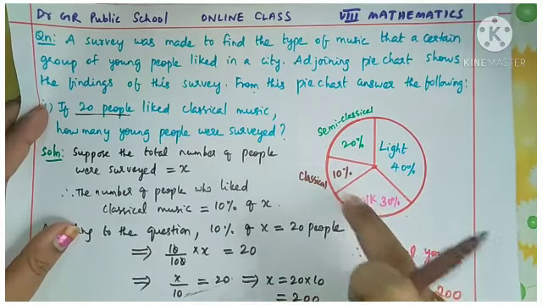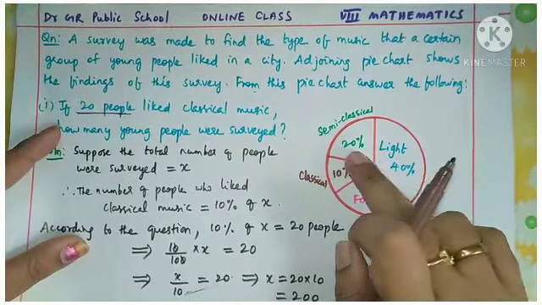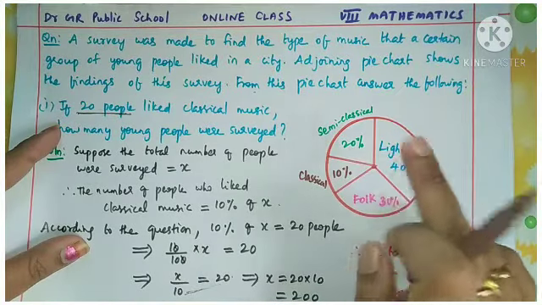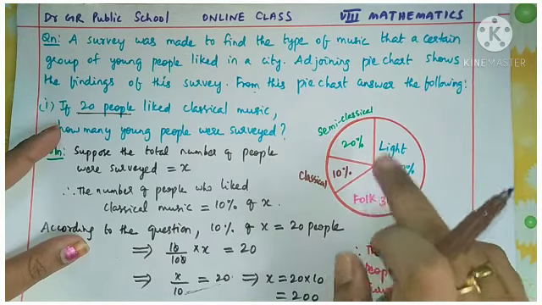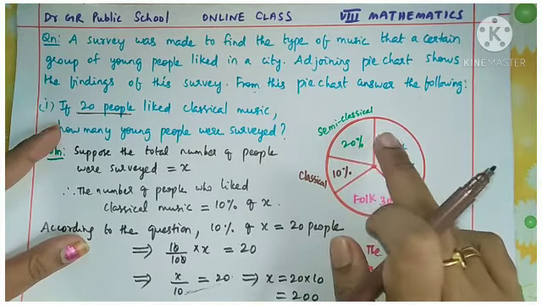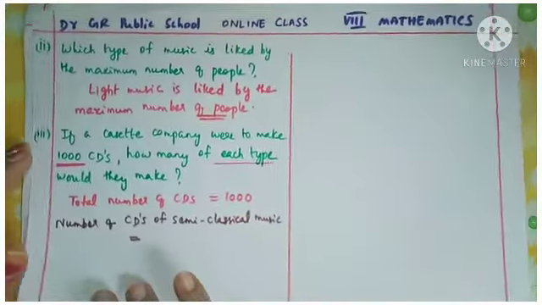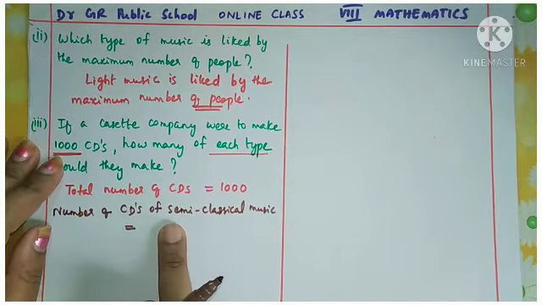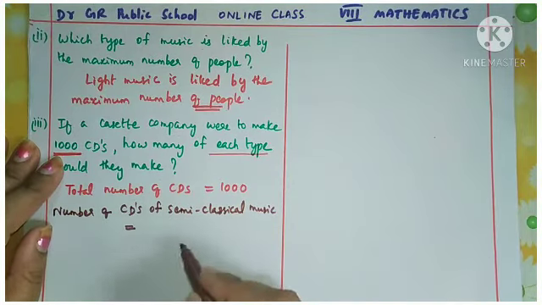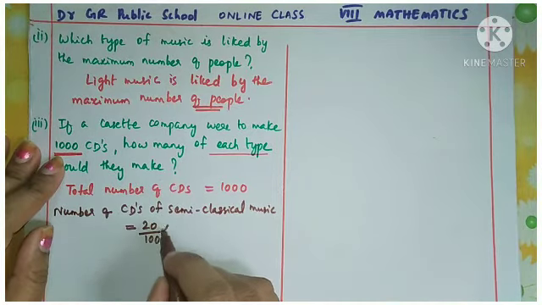For each we are going to find it separately. Semi-classical is 20%, that is 20 by 100, multiplied by the total number of CDs, 1000. So the number of CDs of semi-classical music is equal to 20 by 100 into 1000.